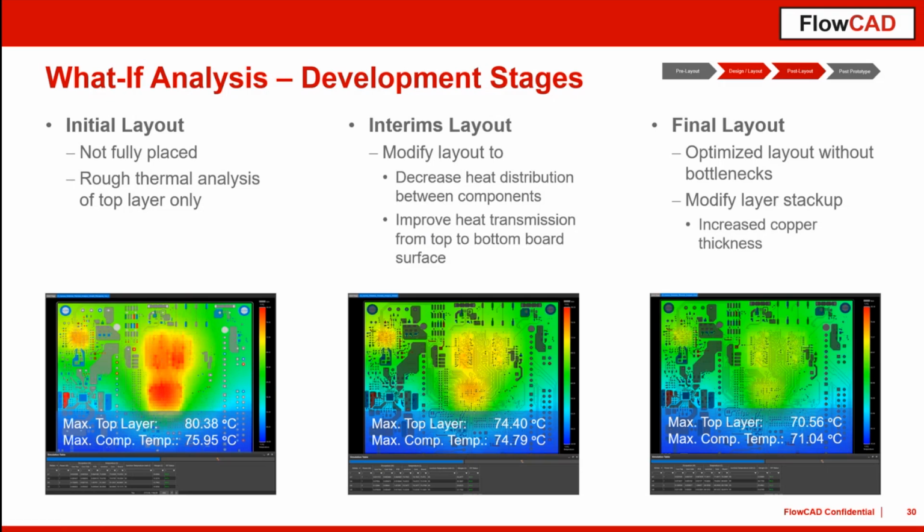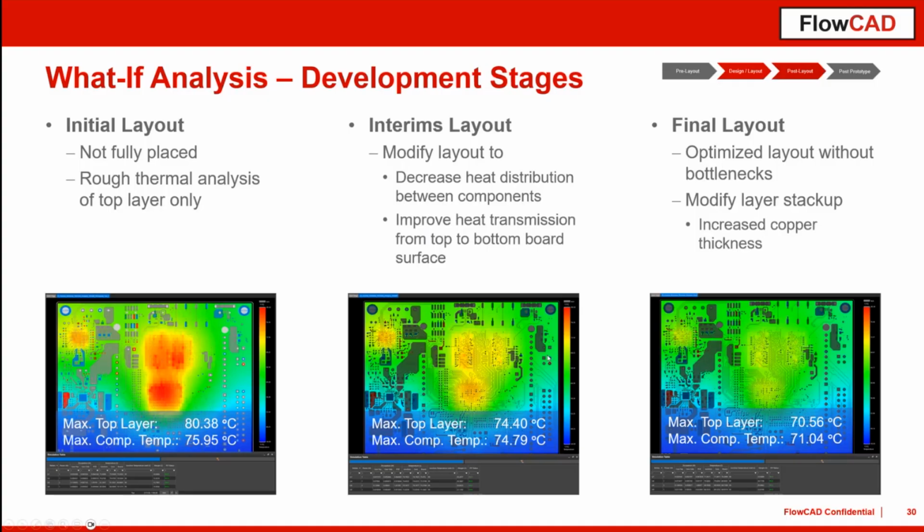Finally, depending on your layout status, once more and more layers are routed, that of course increases the accuracy of the temperature distribution in the complete design, and you can also do some what-if analysis.